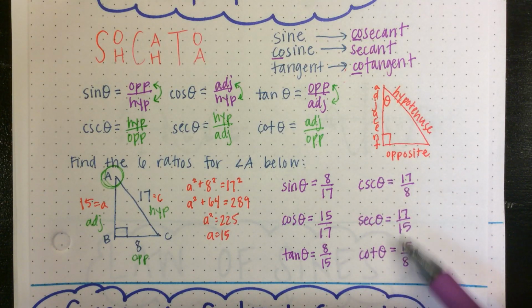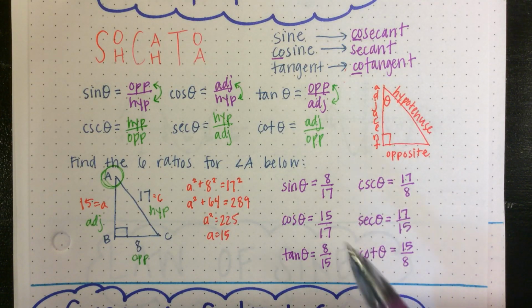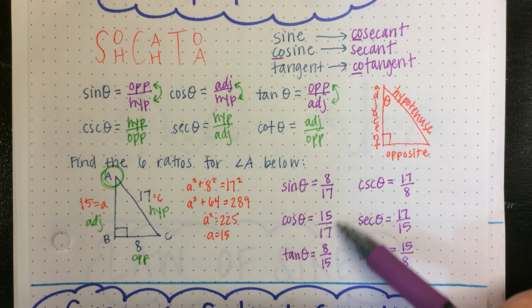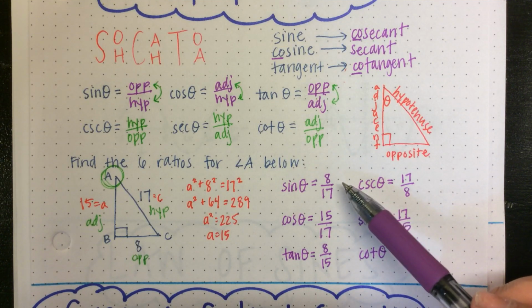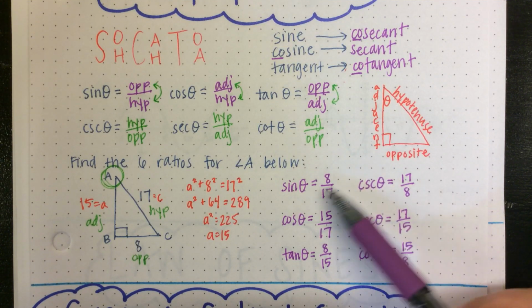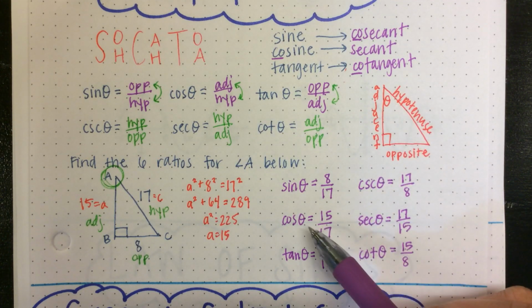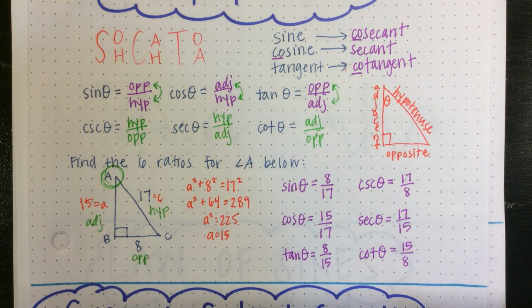They're going to ask you for one in particular. You can think of SOHCAHTOA, and usually the easier option is to find sine, cosine, or tangent, regardless of which one you're asked for. Then if you're asked for one of the new functions, flip the one that you started with. For example, if it asks for secant, find cosine and then flip it to get secant. So you've got sine, cosine, tangent, cosecant, secant, and cotangent.